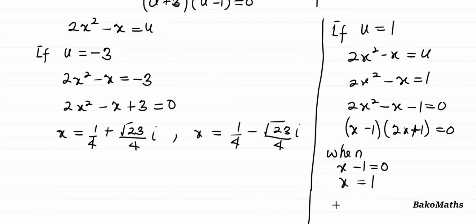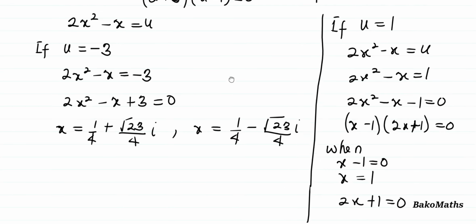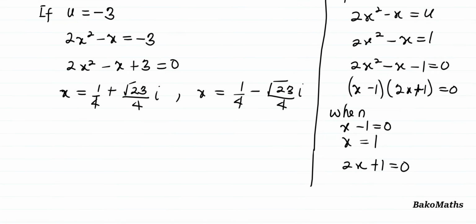In the same way, when 2x + 1 is equal to 0, then our x value is equal to −1/2. So this becomes the value of x, that is x is equal to 1 and x is equal to −1/2.